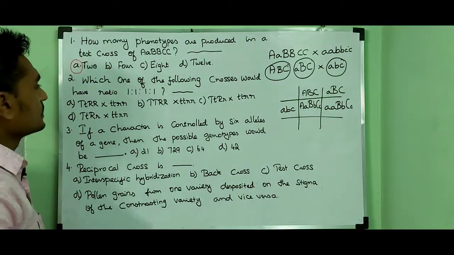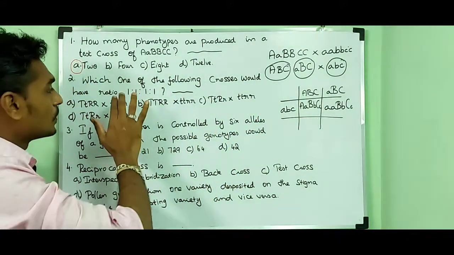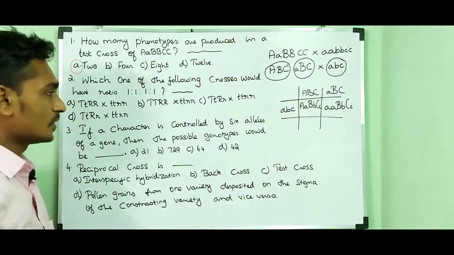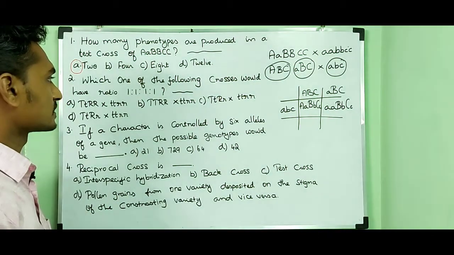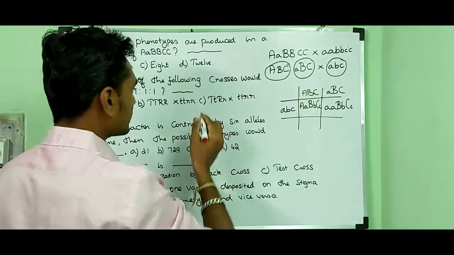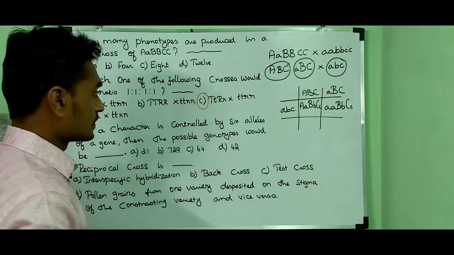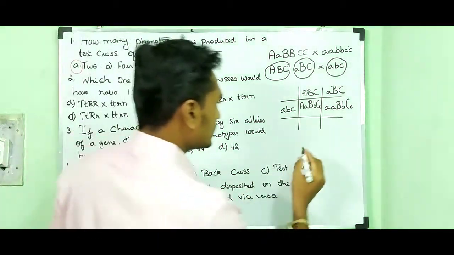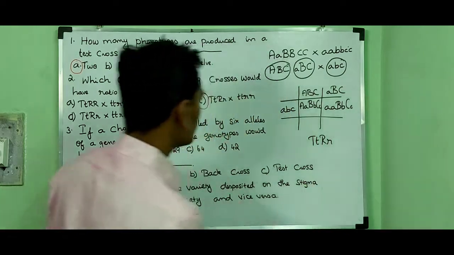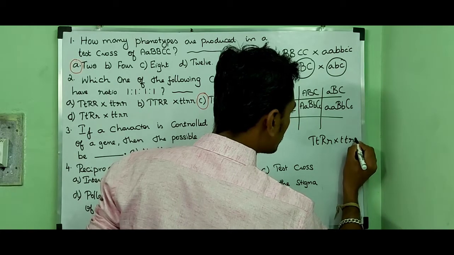The second question: which one of the following crosses would have a ratio of 1:1:1:1? Again, we are going to make the cross. Option C is the right answer. Now let me work out that cross: capital T, small t... capital T, capital R, small r crossed with small t, small r, small r.